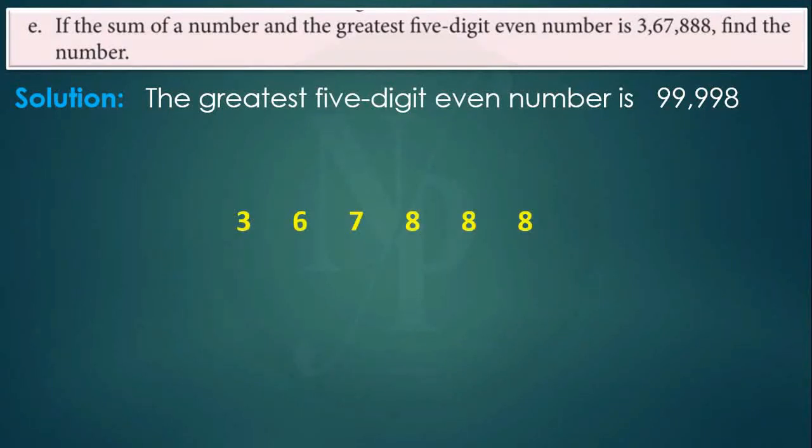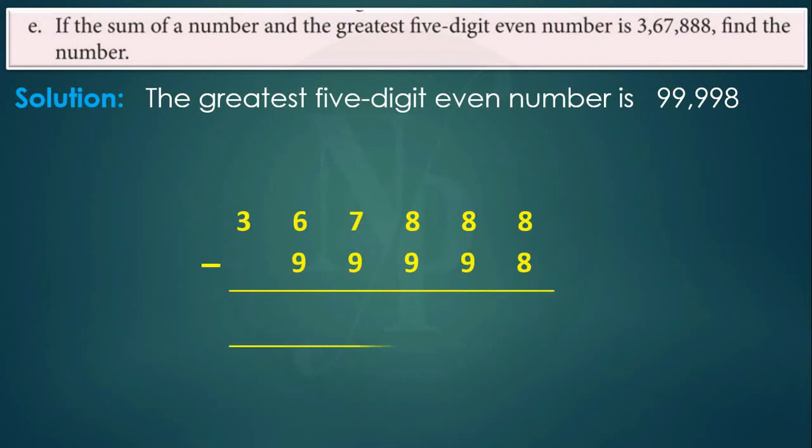So what we do now is we will subtract this 99,998 from 3,67,888 to get the required number. Let us subtract now.